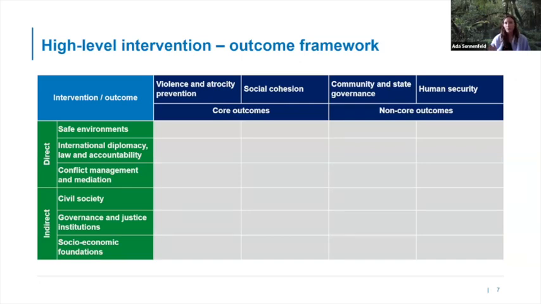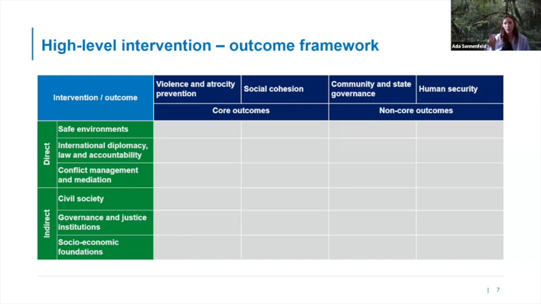So this gives you a very quick overview of the types of interventions and activities that we're including and the different outcome areas that we're looking at. The final evidence gap map will look like this, but with more detail. For each of these categories, there will be a number of specific interventions on the left and outcomes at the top.